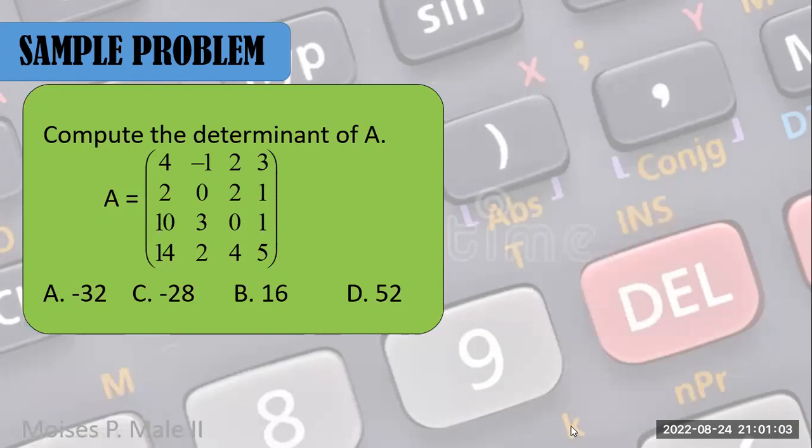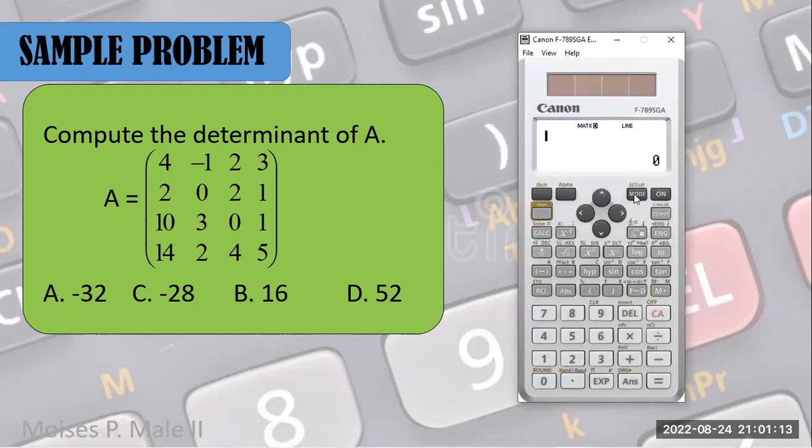So, ito. Determinant. No? So, ito, 4 by 4 matrix na. So, what you're going to do is, sa Casio, diretso lang. No? So, tayo sa data ni matrix A. So, dimension ni matrix A. So, 4 by 4 na. Okay.